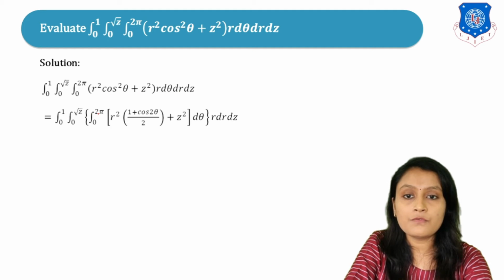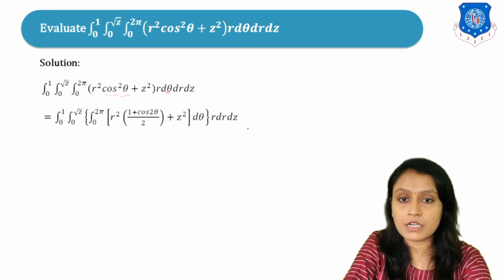So what we'll do, firstly, in place of this cos square theta, we will write 1 plus cos 2 theta upon 2. And we have to integrate first with respect to theta, and we have to keep this r and z as a constant. So this r is taken outside, this dr dz is taken outside, d theta we have here.